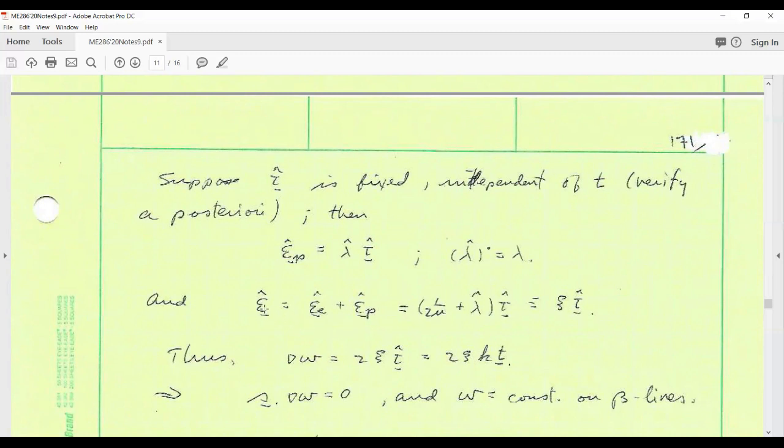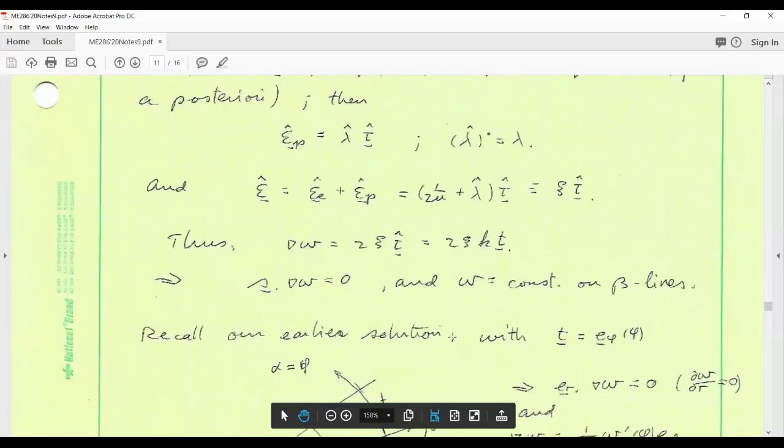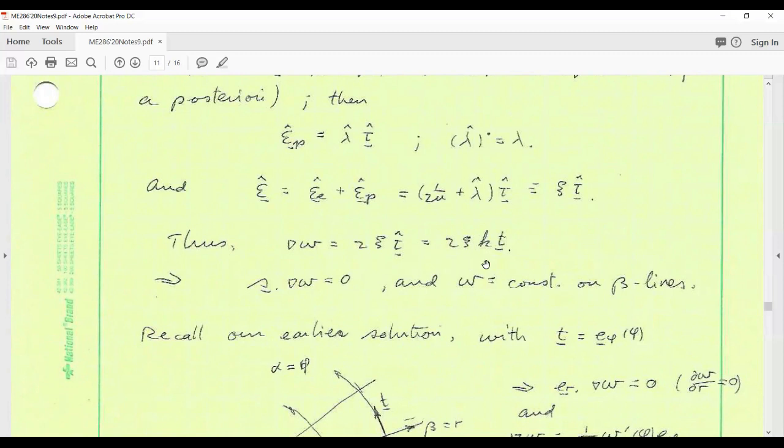And therefore, since epsilon hat, the strain vector, is 1/2 of gradient W, it is twice that scalar times tau hat. Tau hat is KT. So we deduce, as we did in the rigid plastic case, that W has no directional derivative along the trajectory orthogonal to T, namely the S trajectory, which means that it's a constant on the so-called beta lines, right, with unit tangent S.